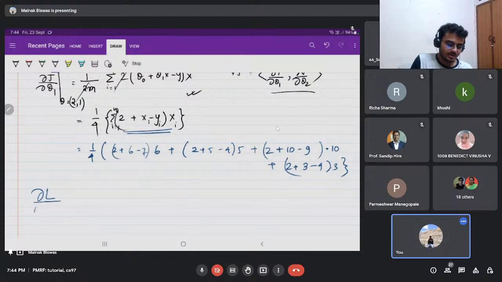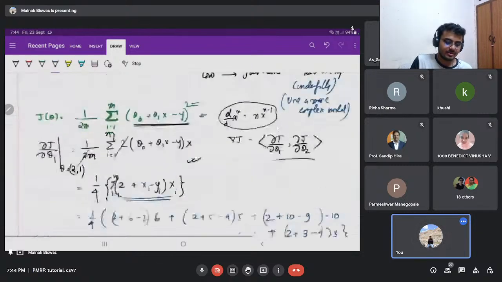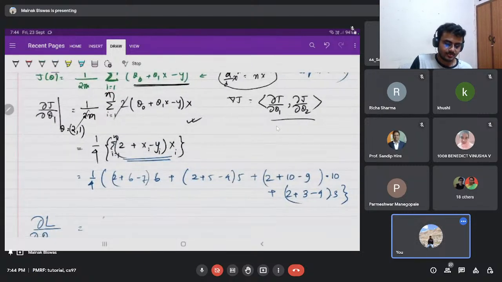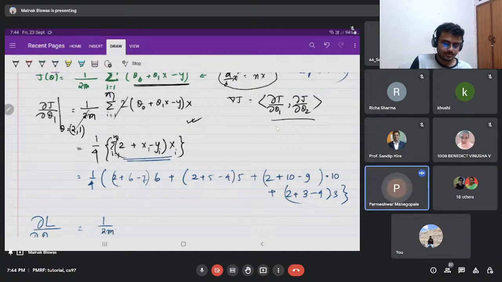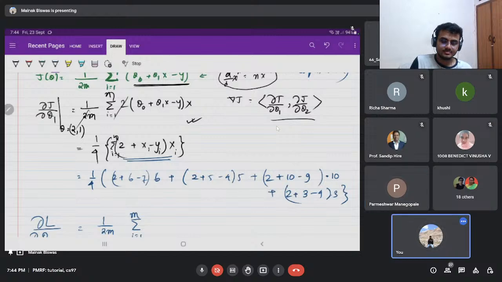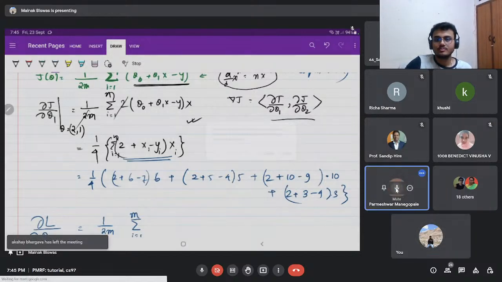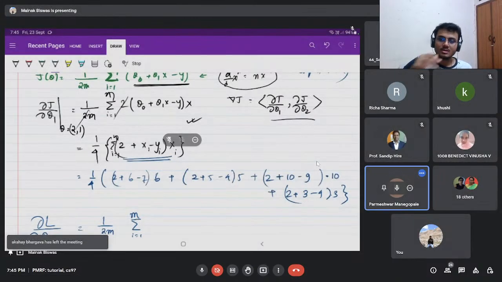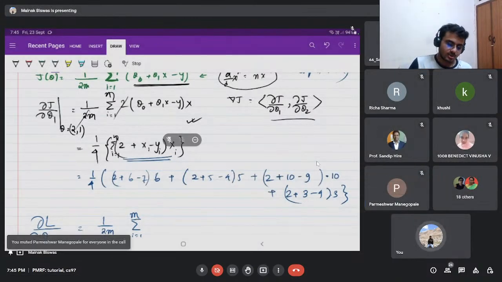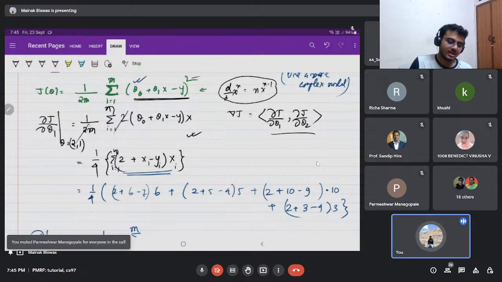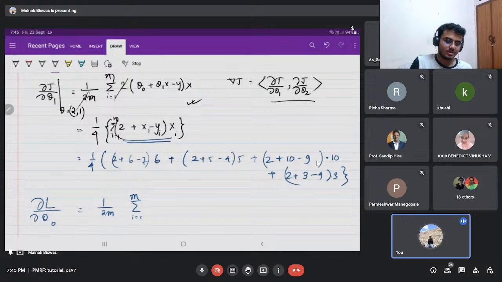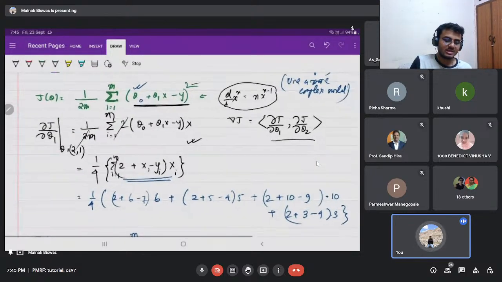Now, what will be the derivative with respect to theta 0?